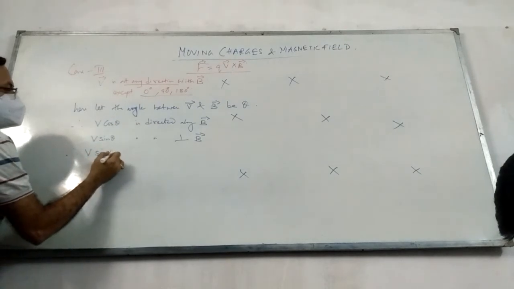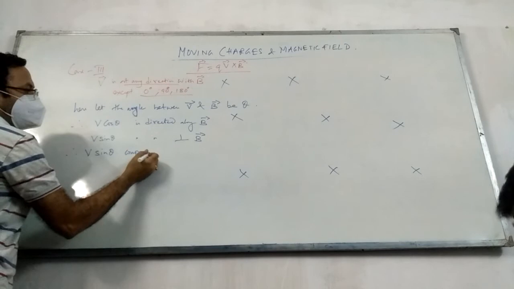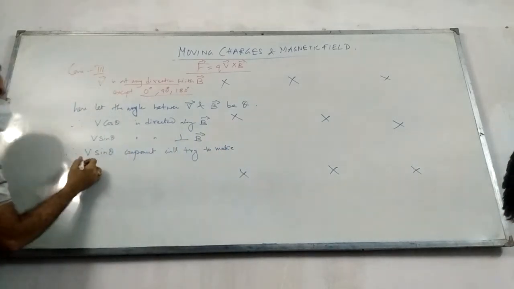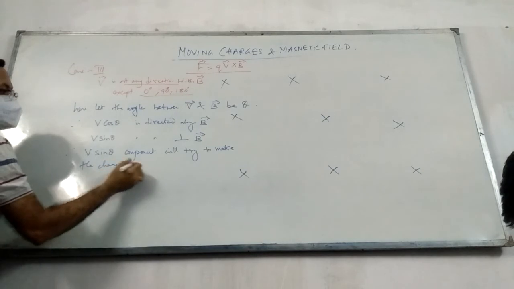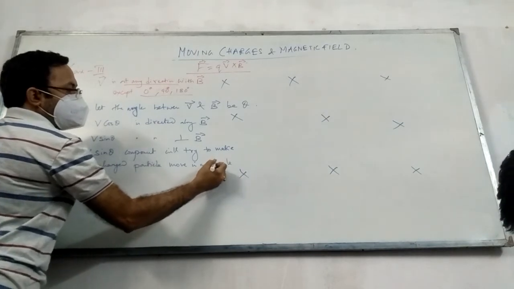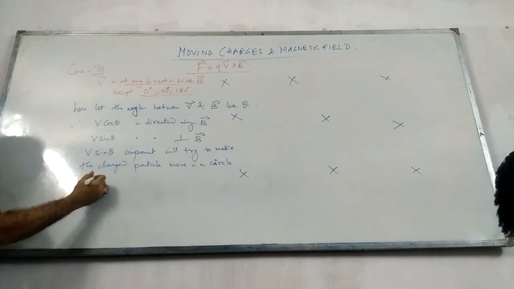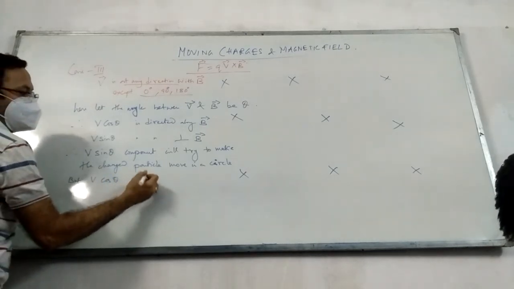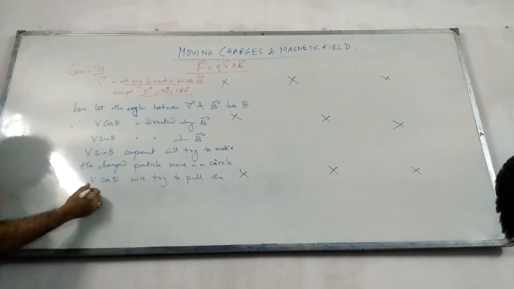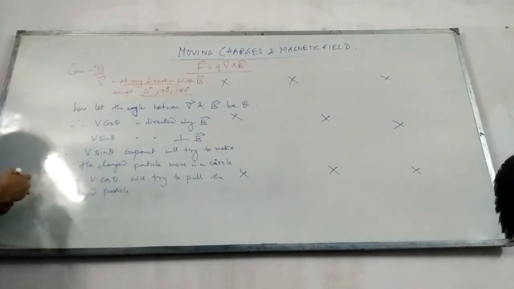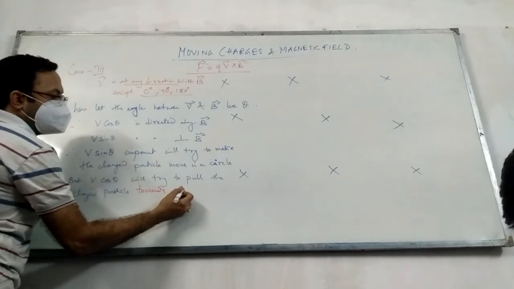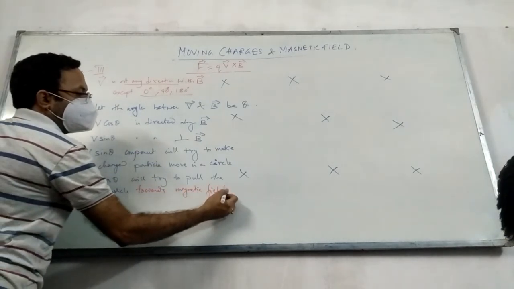Therefore, v sin theta component will try to make the charged particle move in a circle, but v cos theta will try to pull the charged particle towards the magnetic field.